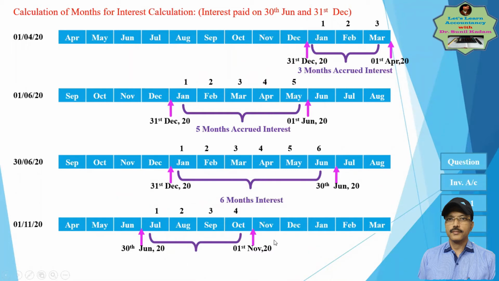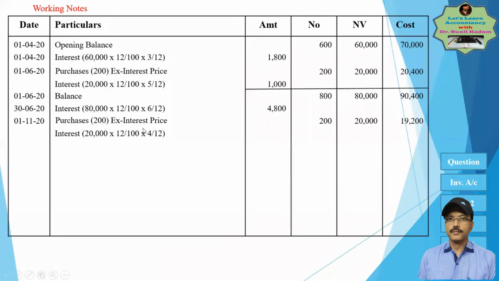November is not included because it's 1st November, and June is not included because it is 30th June. Therefore, the gap between these two dates is 4 months, and 4 months accrued interest will be calculated. In the calculation, 20,000, 12%, 4 by 12, that fetches you 800, which is the interest due on that investment.